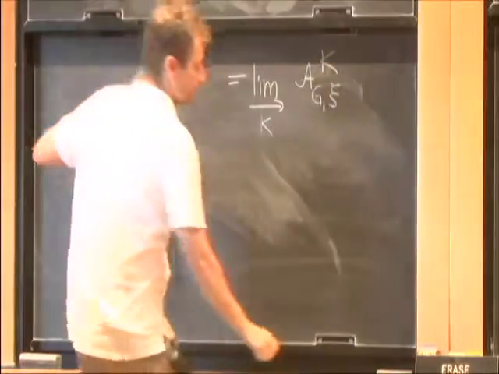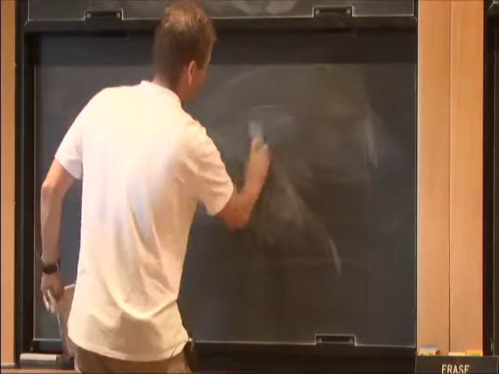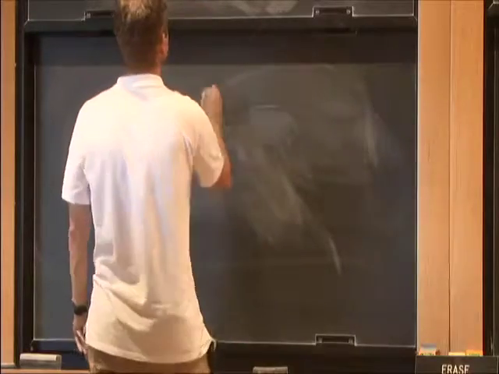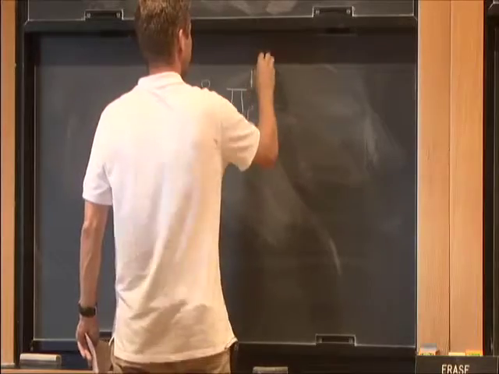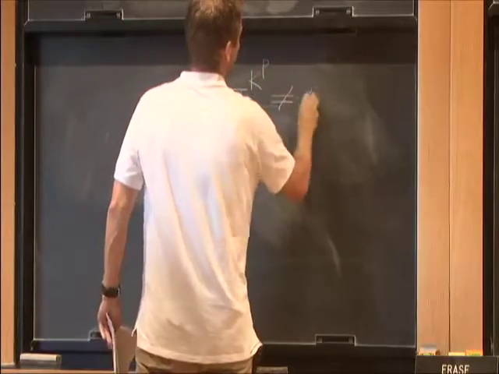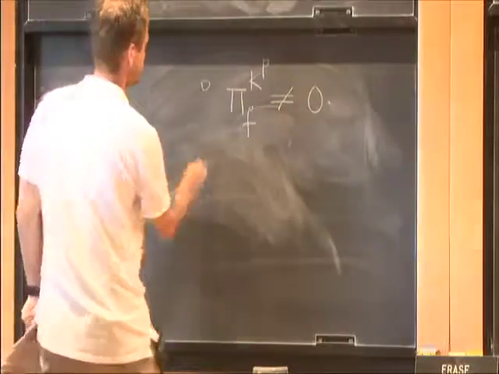And moreover, it should have non-zero vectors fixed by K p. And the Hecke algebra should act by lambda x.